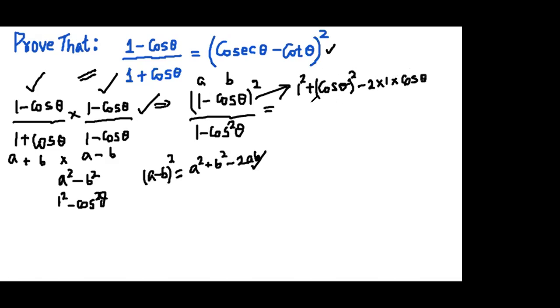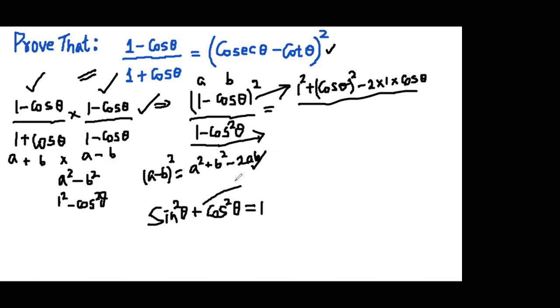In the denominator, you can see that 1 minus cos square is there. So we know that sin square theta plus cos square theta is equal to 1. Take this cos square theta to the right hand side.